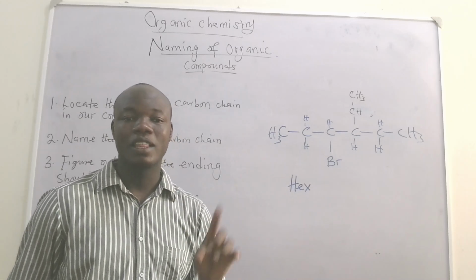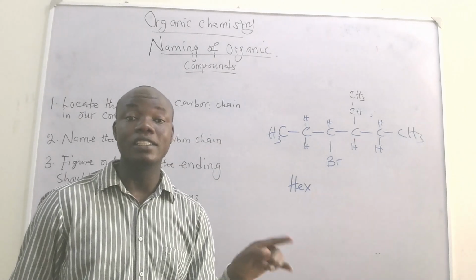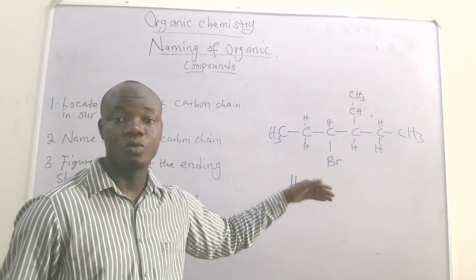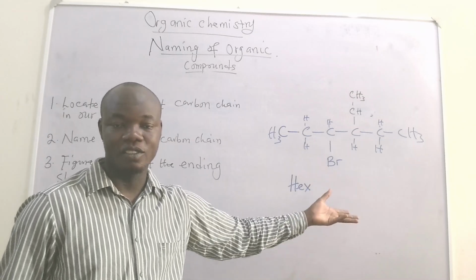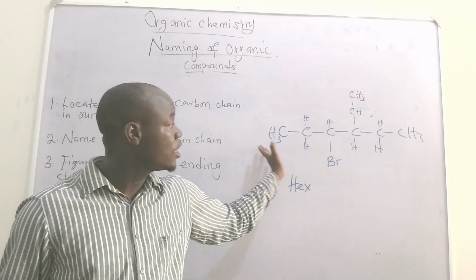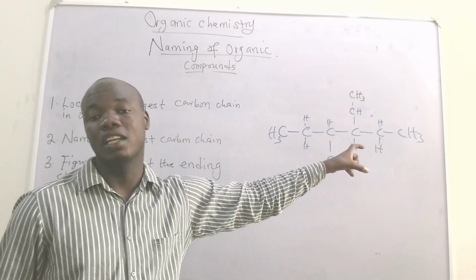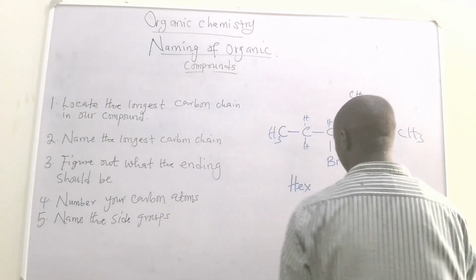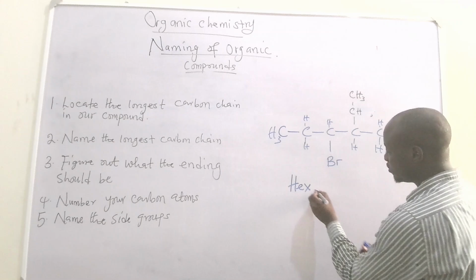That means the compound is an alkane. So therefore the hex will now change to hexane. We have the suffix name as ane because all the carbon have single bonds. That is why it's now going to be hexane.